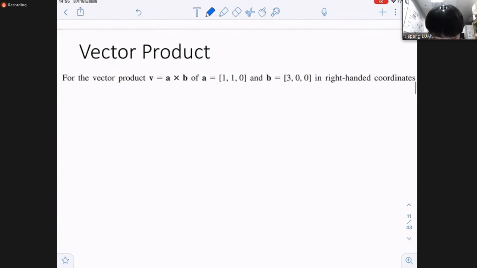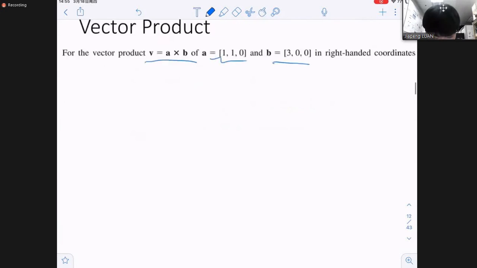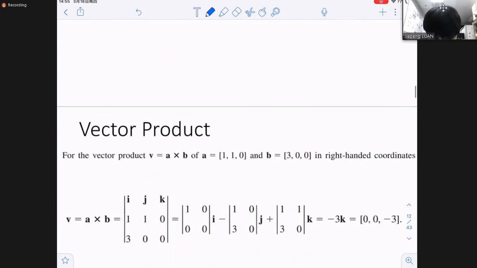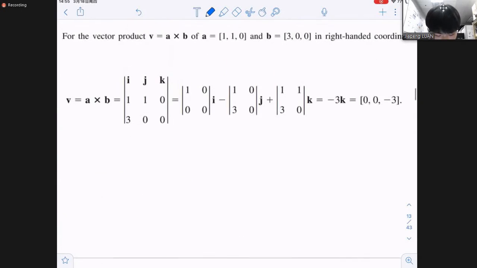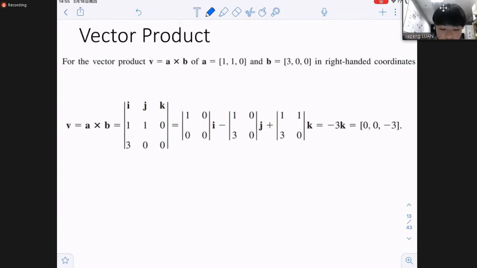Then here is the problem. For the vector product, a vector V equals A cross B, and you have A and B. Where's the problem? Okay, it just wants you to calculate what V is.